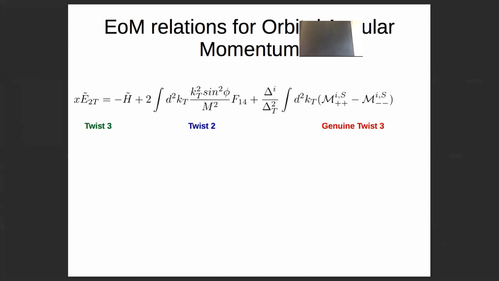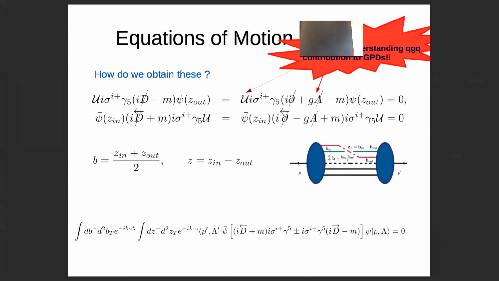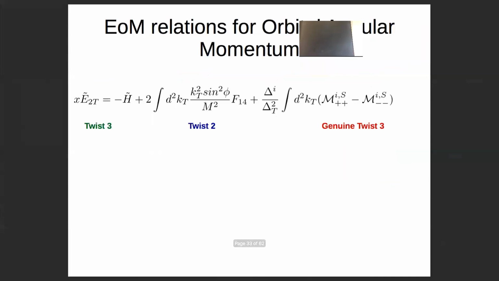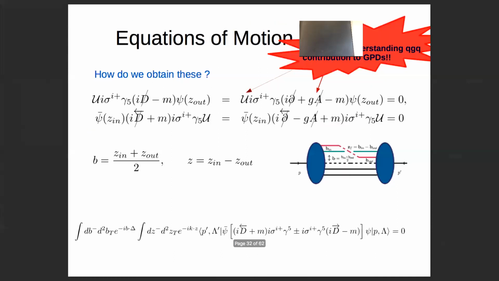If you put in something like sigma i plus gamma 5, this allows you to basically write all your twist-3 GPDs, vector and axial vector, in terms of twist-2 things. But if you wanted to look at chiral odd twist-3 GPDs, you would change this to gamma plus or gamma plus gamma 5. Because this contracts with the gamma vectors in this derivative and decides what it is that finally will be expanded.